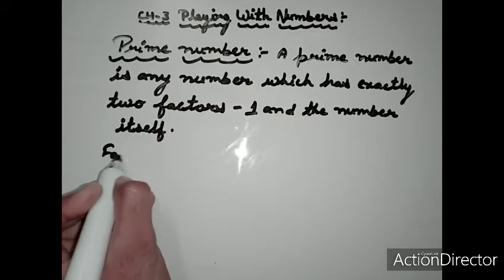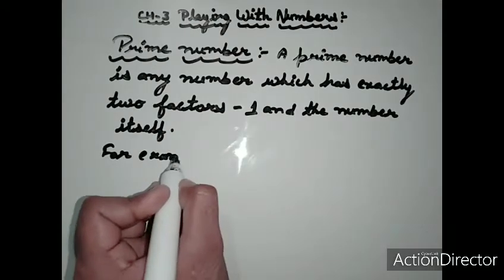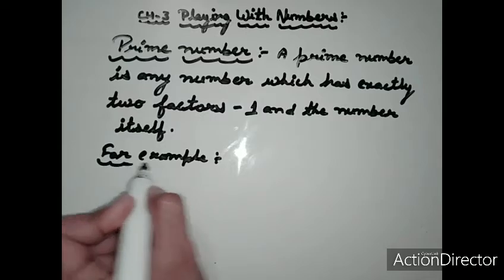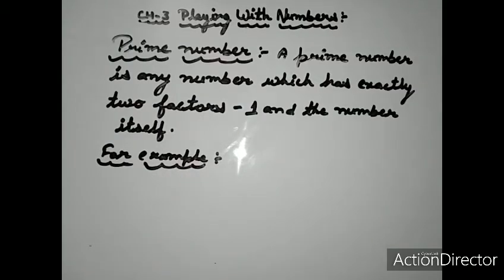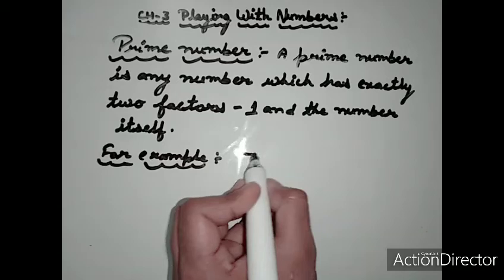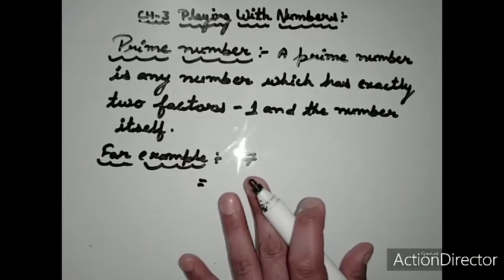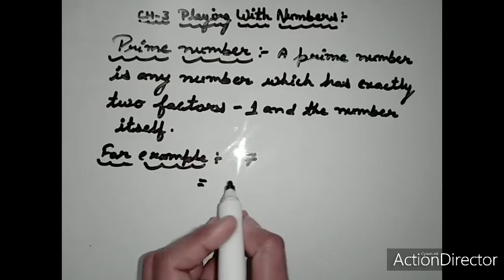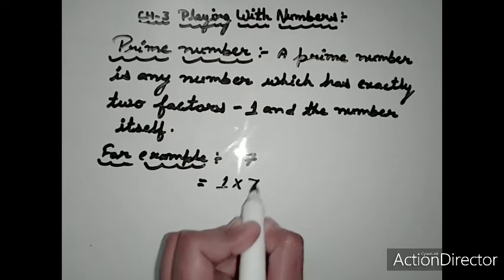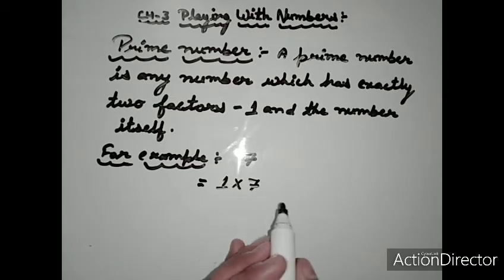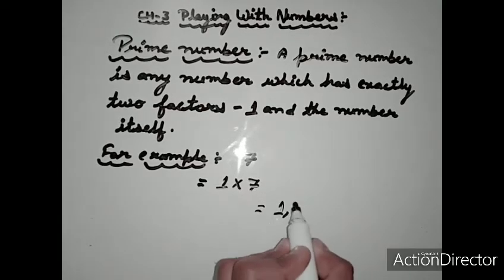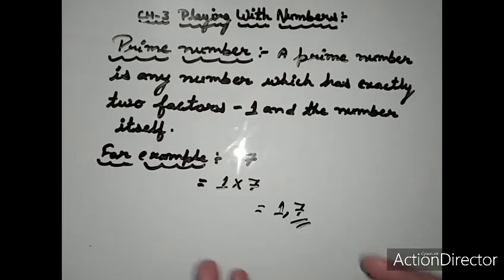For example, take 7. What are the factors of 7? 1 multiplied by 7 and 7 multiplied by 1. So here we get only two factors of 7, 1 and 7. These types of numbers are known as prime numbers, like 7, 5, 13, 2, etc.